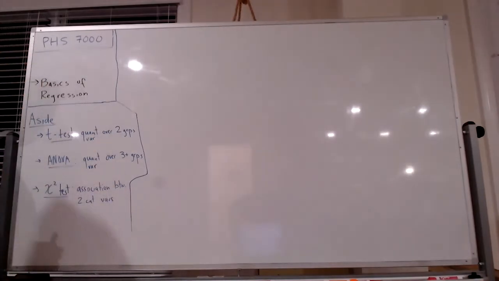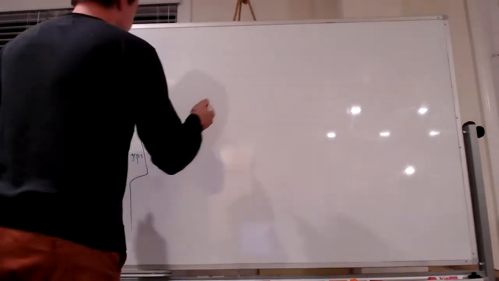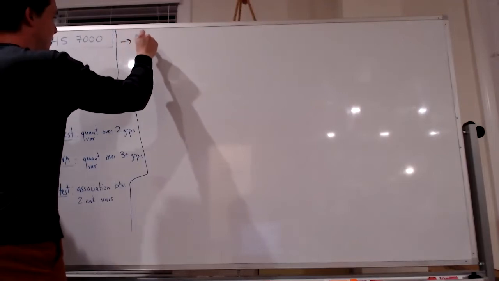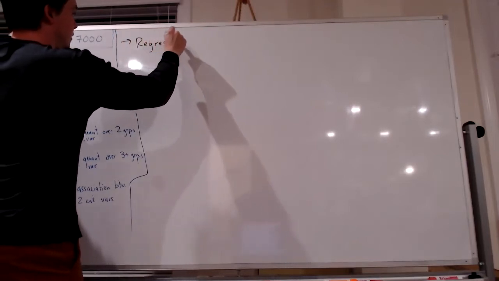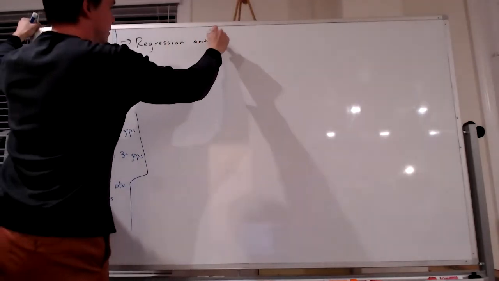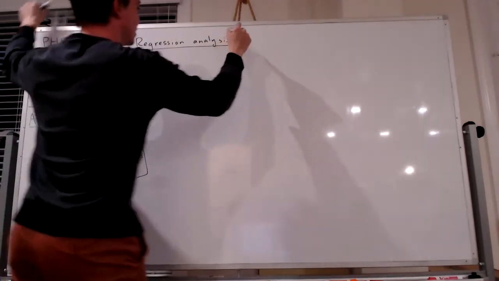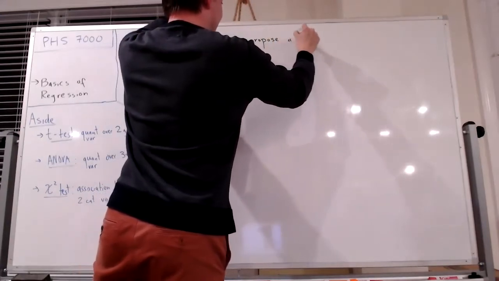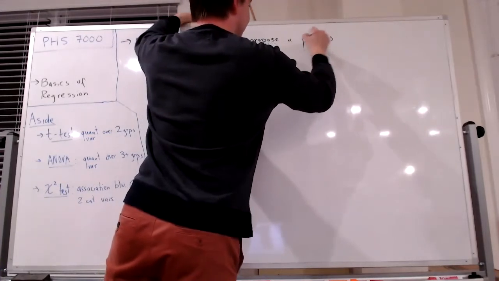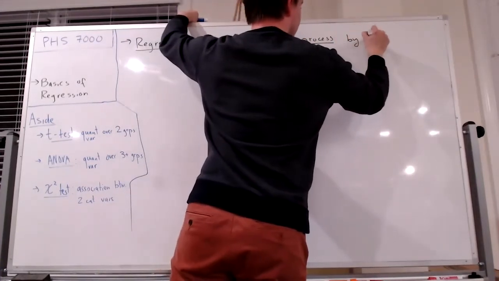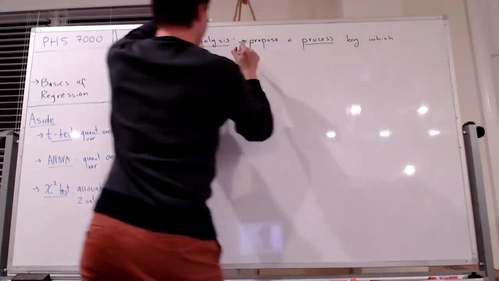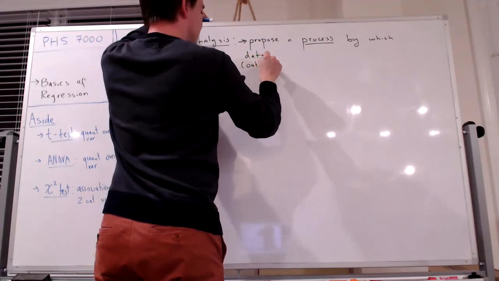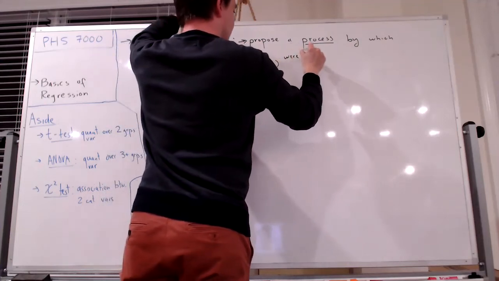Regression. Regression. The big idea of regression analysis is to propose a process by which data, specifically the outcome variable, were generated.